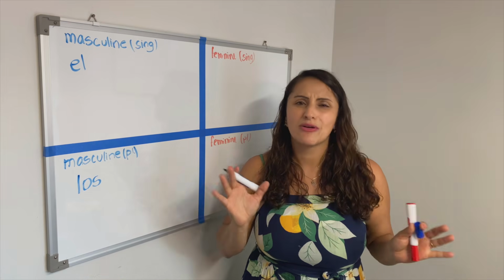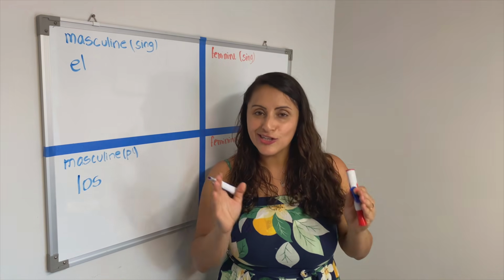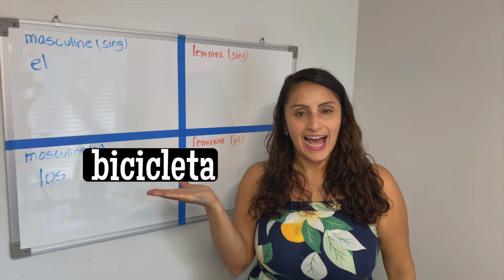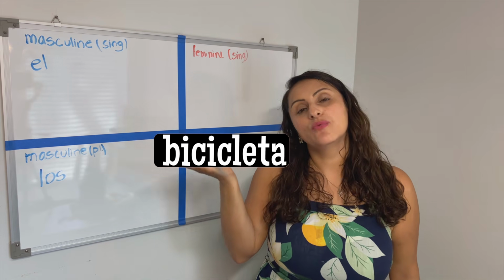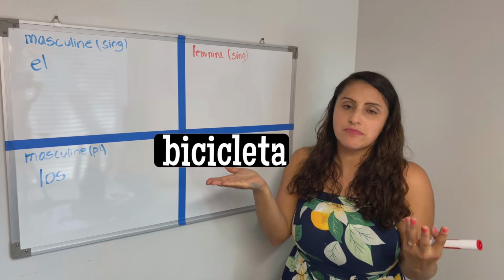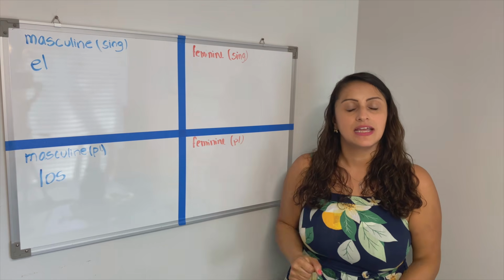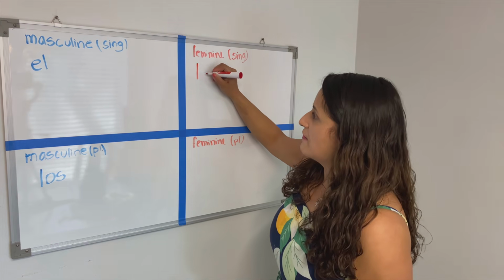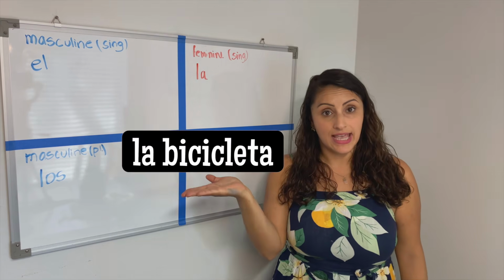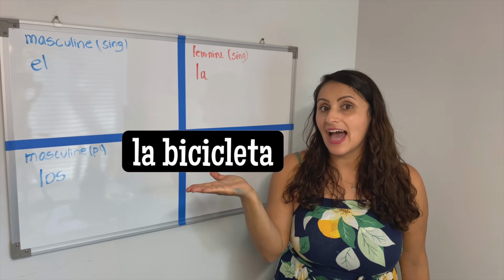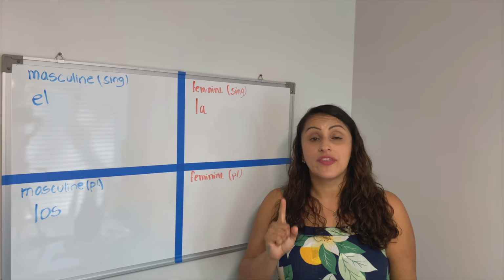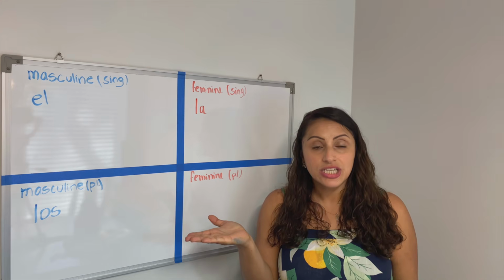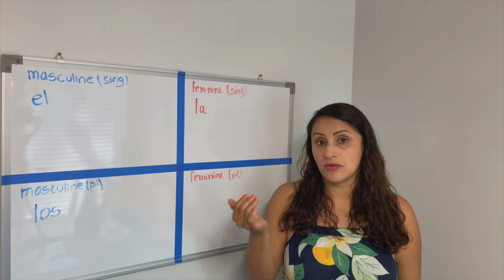But in Spanish, remember, everything has to match in gender and number. So we want to make sure that we do that. Remember the word bicicleta? That was a bike. And we know that because it ends in an A, for the most part, those nouns are feminine. So if we wanted to say the bike, we would use the definite article la. So we would say la bicicleta, the bike. If we have more than one bike, we want to make sure that our definite article matches the number of nouns that we have.